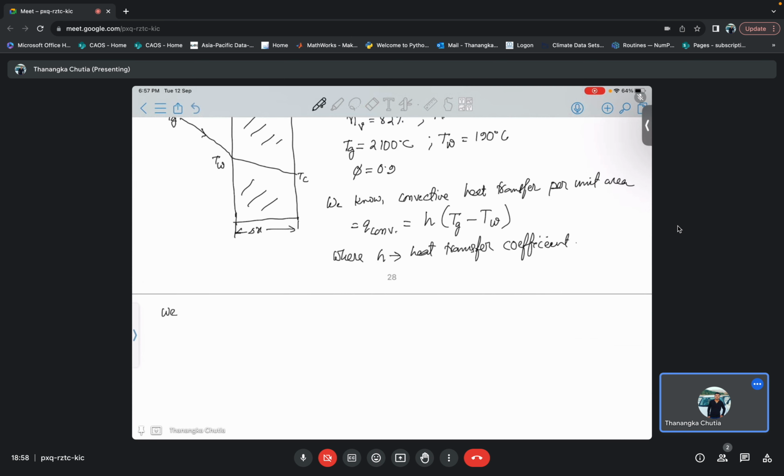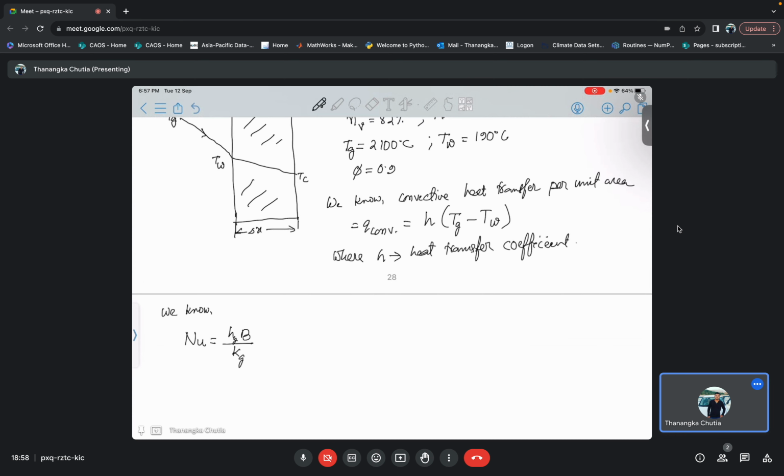Now we know the Nusselt number is equal to h into B divided by kg, for gases.